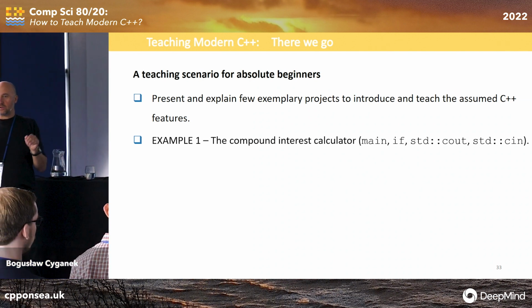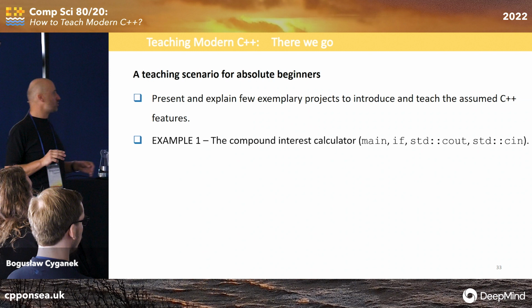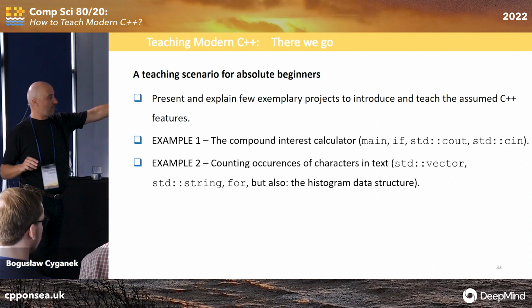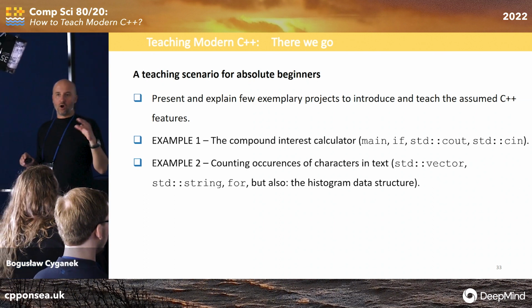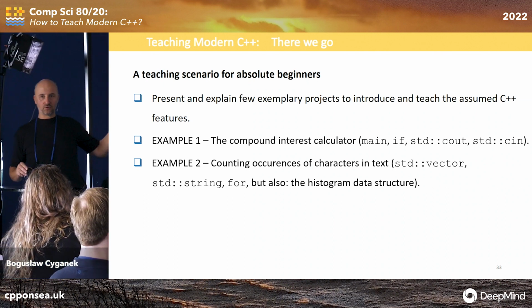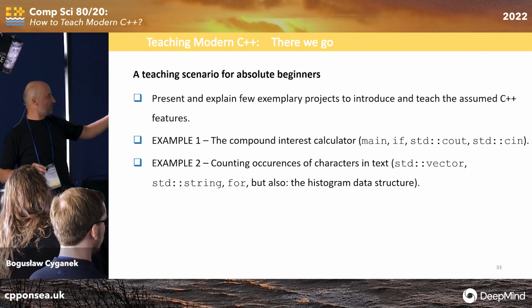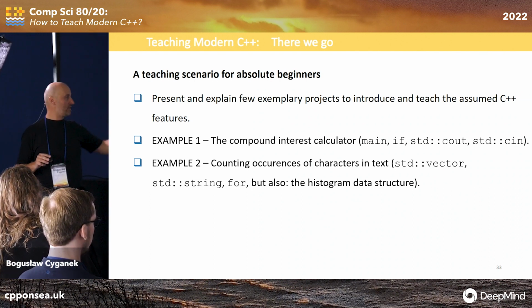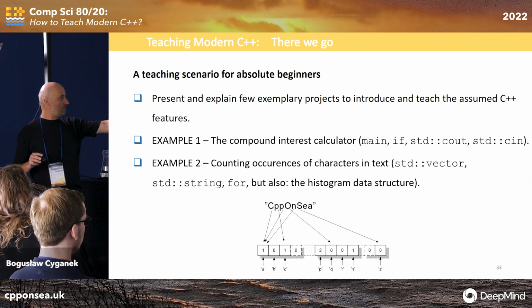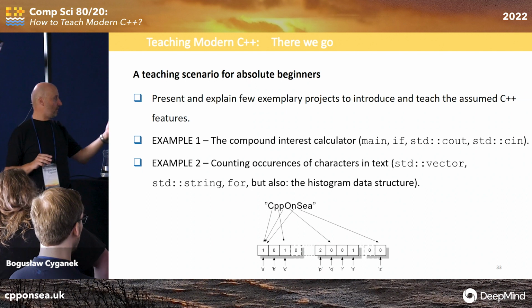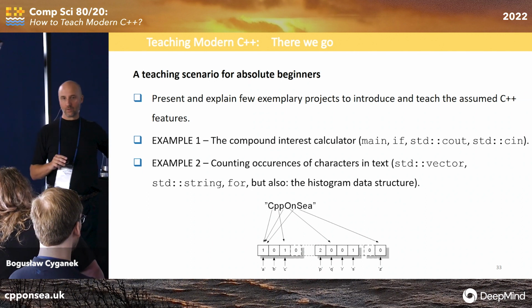And we need examples. I will show more examples in a moment, but here are some for the beginners. The first group of examples are all the computations. I will give you some materials at the end of this talk, but I have one example here. Very simple: computing frequencies of letters in a text.